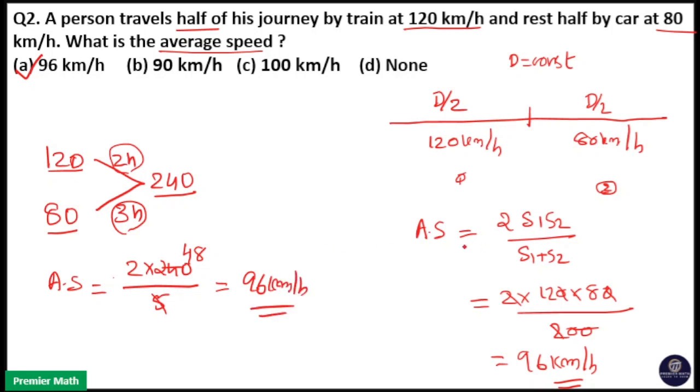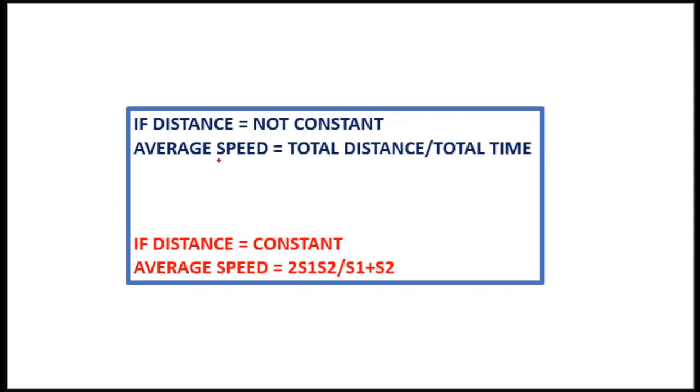So you can use any method here. If you don't know this formula, you can use this method as well. Whenever you have questions on average speed, if distance is not constant, use the formula total distance by total time for average speed. If distance is constant, use the formula 2 s1 s2 divided by s1 plus s2.